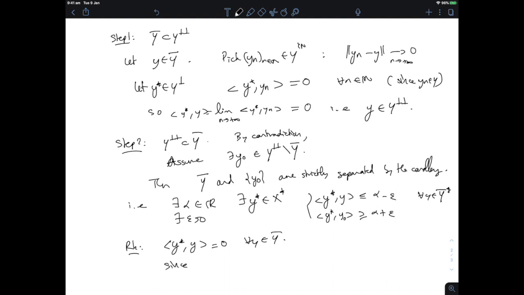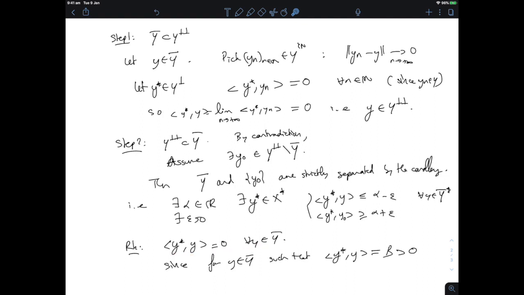Well, take y in y bar such that y star y is some number, and let's say this number is positive. You cannot have every duality product y star y being negative, because if you have a negative 1, you can replace y by minus y and then you get a positive 1. So let's just assume there is a y such that this is not 0.